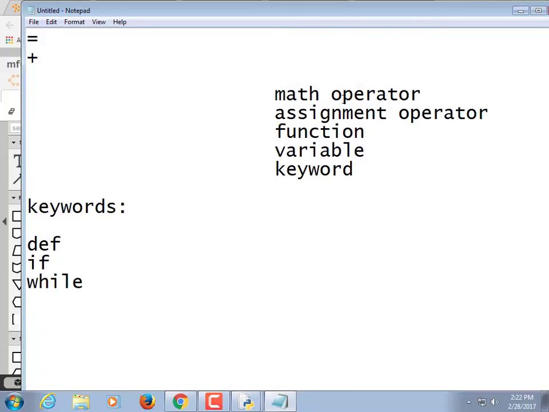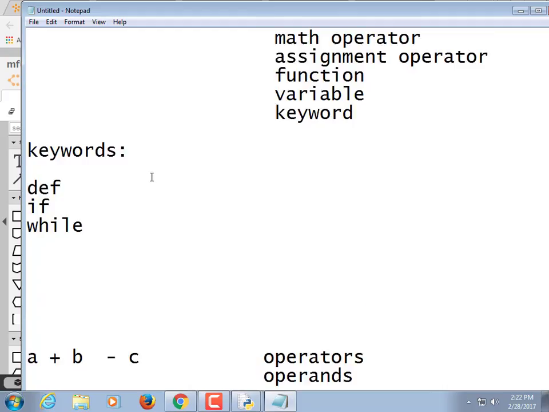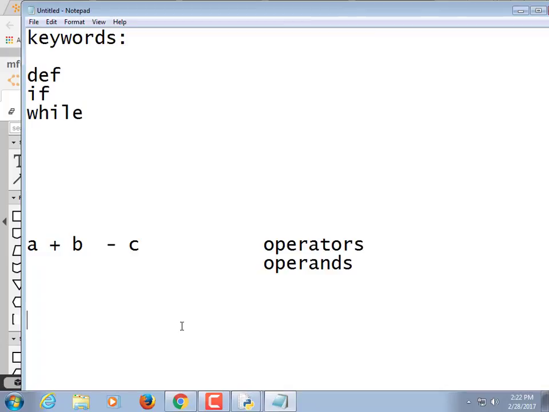Well, we already said that a math operator is something like a plus sign. So what are the operators? Yeah, plus and minus. And the operands are the data that the operators work on: A, B, and C. Also, the whole thing is known as an expression.